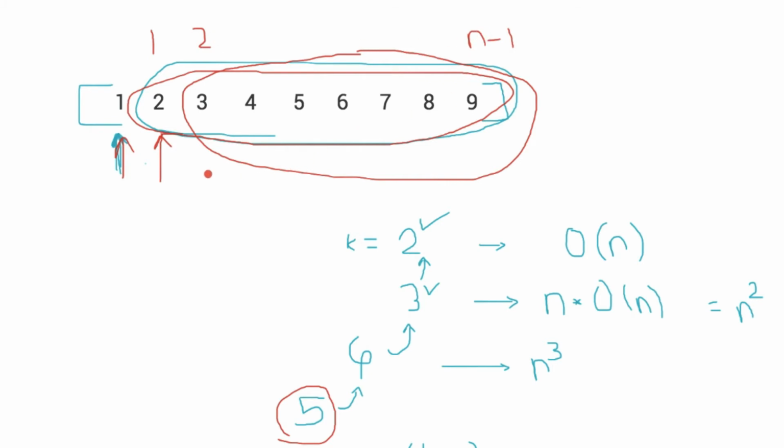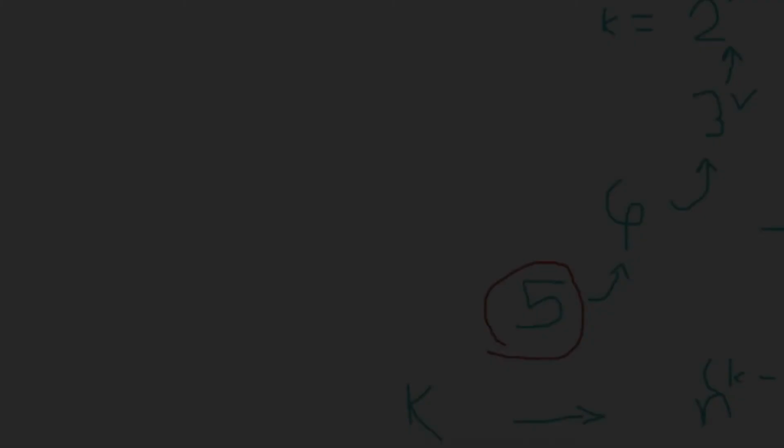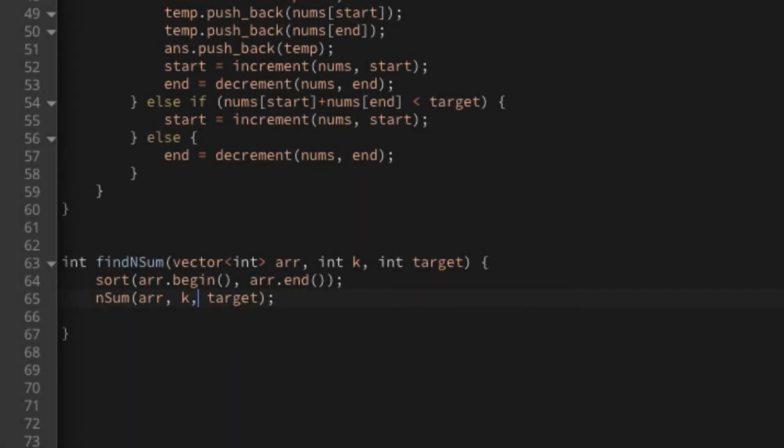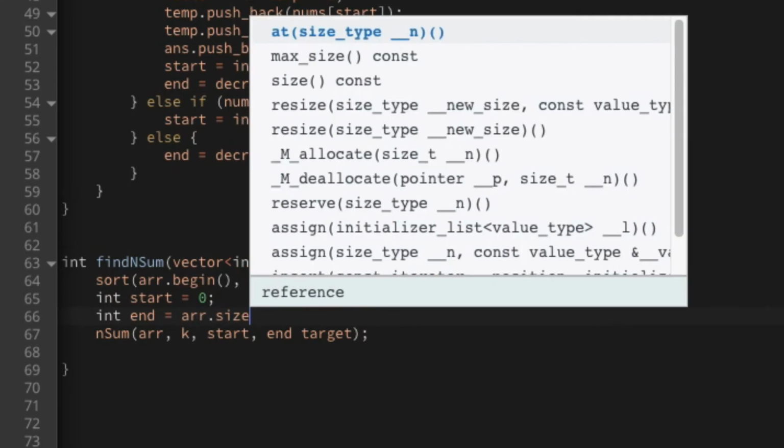Hence, our method should take the indices, that is the part of the array, as input as well. And hence, we will have start and end indices. So start and end, and we'll declare those. In the beginning, start will be 0, and int end would be the last element. So that is arr.size() - 1.